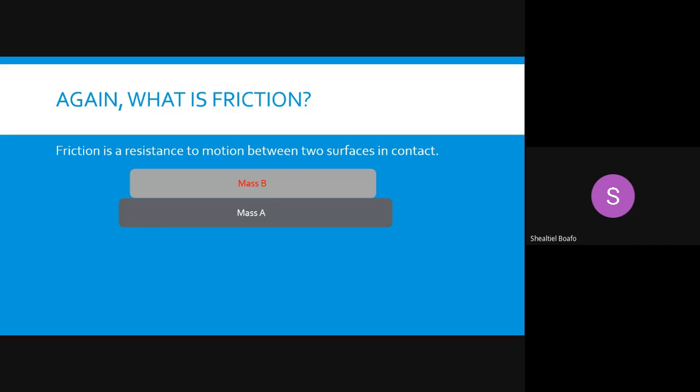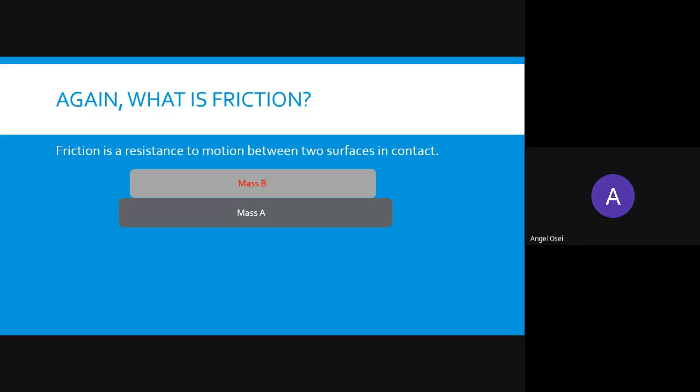If I gave you this diagram, and told you that A is a surface, a table, and B is a mass, and told you to draw the force diagram for this, what forces would you show? The weight and the normal reaction.